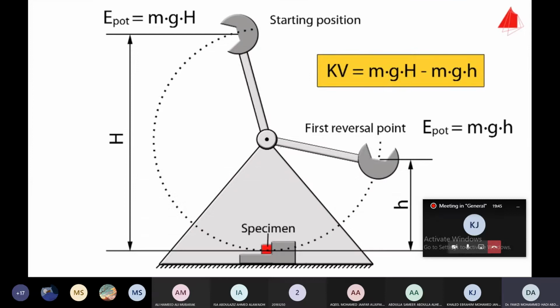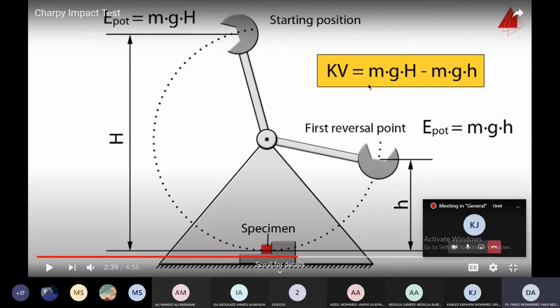It corresponds to the difference between the two potential energies. You see, the difference in the energies is not the mg, it's only the h which we have here. A capital H for the initial height, and the small h for the final height. So somebody might wonder, what is the difference between the two? It's the capital H here and the small h here.